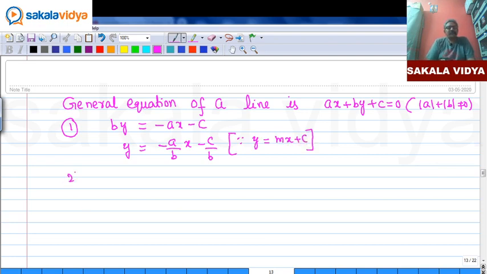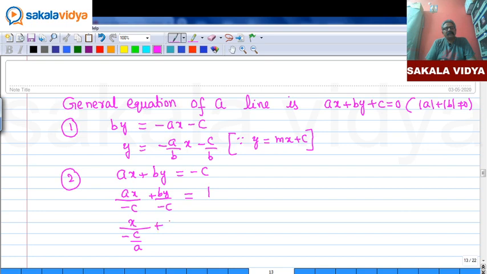Second step, this can be put in intercept form. Ax plus by is equal to minus c, divide by minus c, so ax by minus c plus by by minus c equals to 1. Again this can be written x by minus c by a plus y by minus c by b equals to 1.